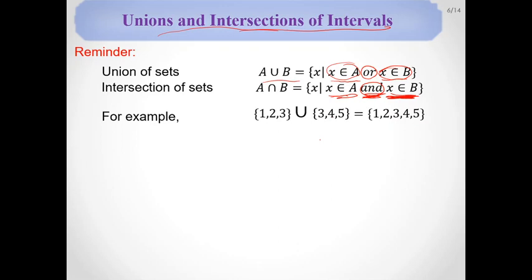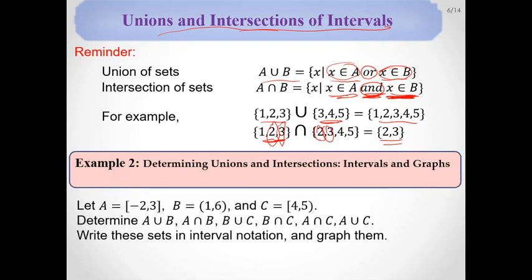Let's remember the definition: whatever you put in both, you put them together, it makes the union. In the intersection, you're just choosing the common elements here, 2 and 3, and this is the intersection.